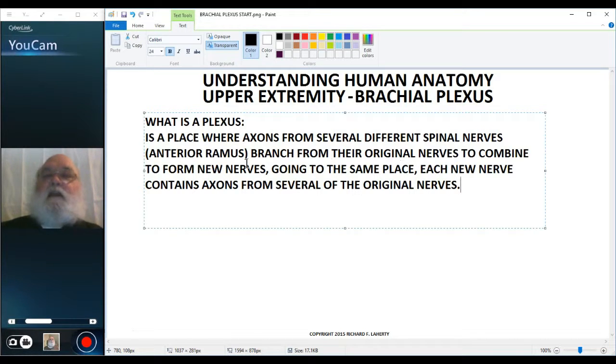So, and again, it's important to remember that the roots, the beginnings of each plexus, are formed by anterior rami of the different spinal nerves that contribute to it.